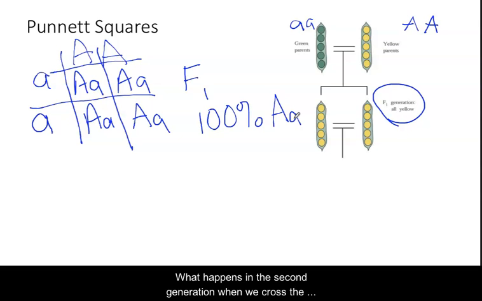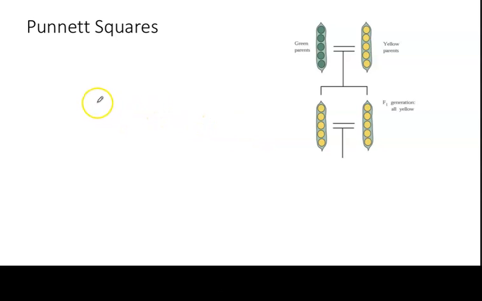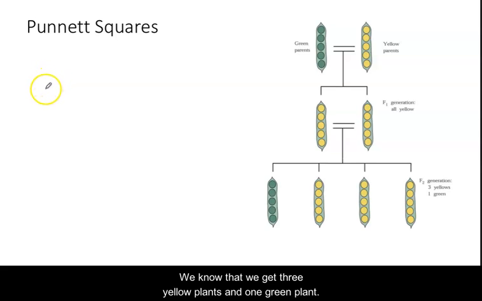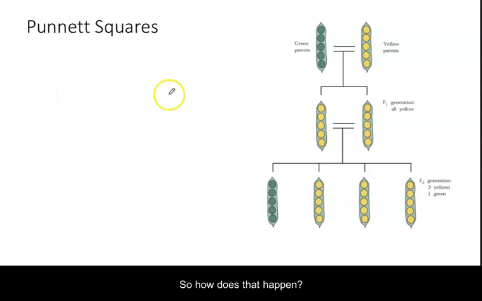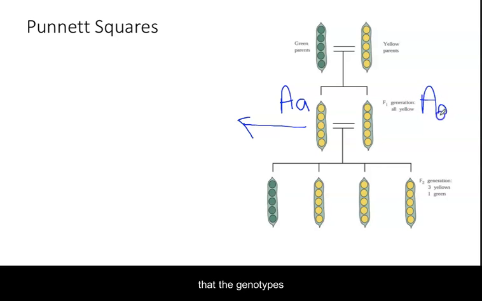But what happens in the second generation when we cross the yellow pea plant with the yellow pea plant? Well, let's take a look. We know that we get 3 yellow plants and 1 green plant. So how does that happen? Well, if we're looking at the F1 generation, we know from our first cross that the genotypes of these two plants are big A, little a.